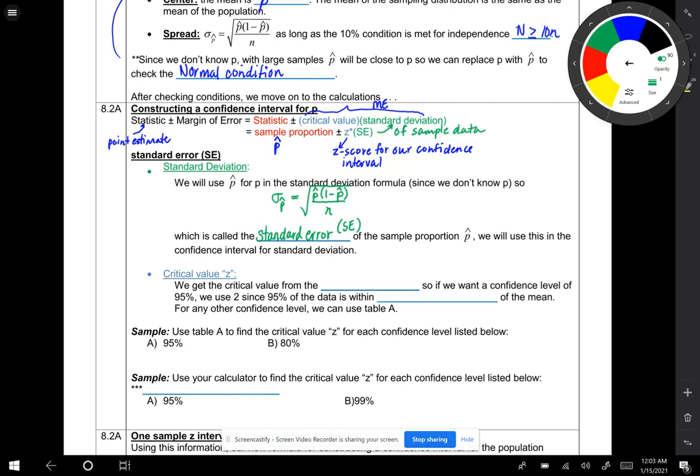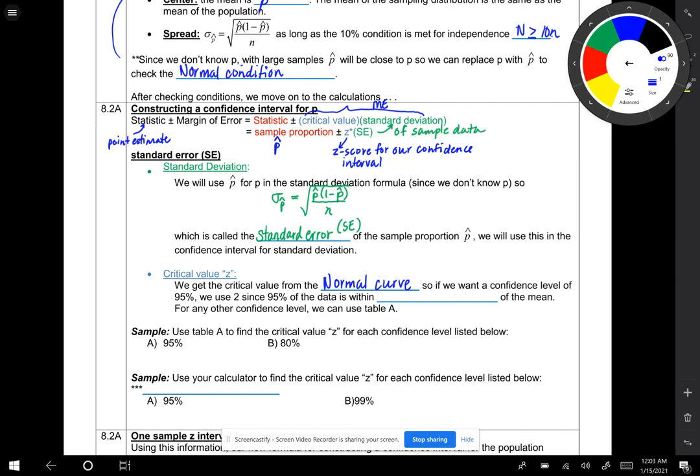We will use this in the confidence interval for standard deviation. Here's the critical value. We get the critical value from the standard normal curve. If you forgot, a standard normal curve has a mean of 0 and a standard deviation of 1. If we want a confidence level of 95%, we could approximate using 2, since 95% of the data is within 2 standard deviations of the mean.